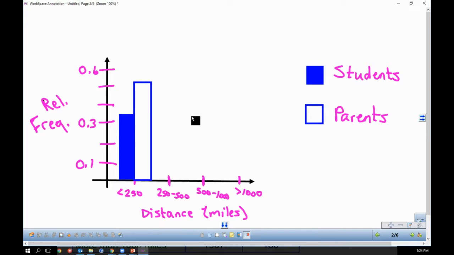So there's parents and students. Okay, now we go to the next distance, and I think I made my boards a little too wide. So for the next distance, what proportion of students said 250 to 500? 0.31, so just a smidge above.